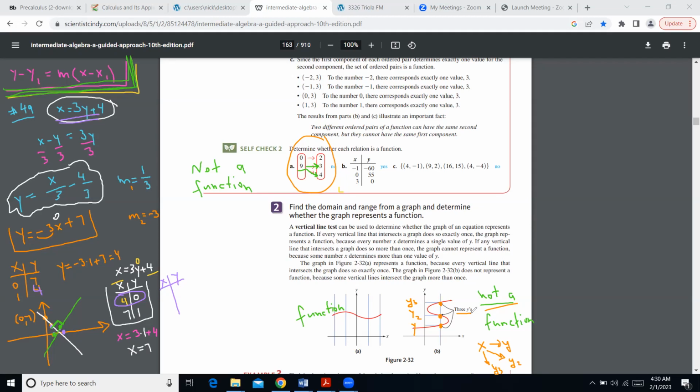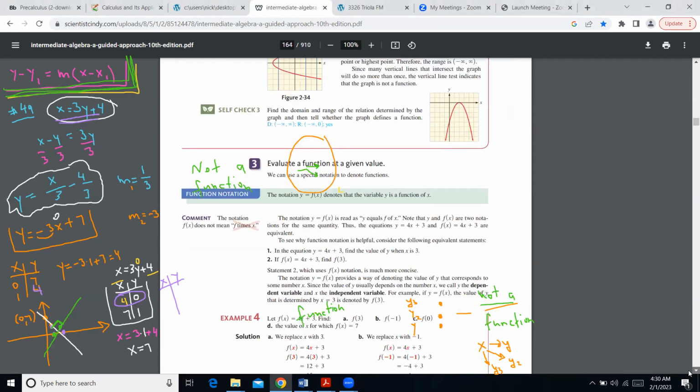So functions or not functions, I guess we're not going to get very deeply into this story, but since we will talk about functions from now on, it's good to know what functions are and what they're not.